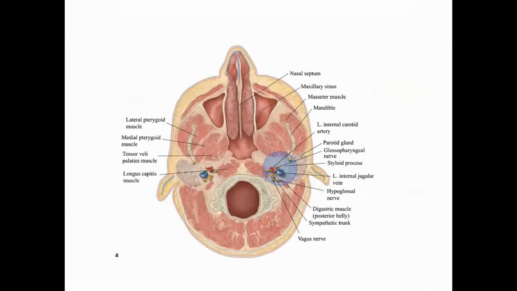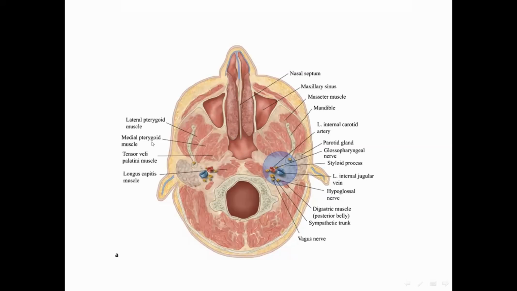It's very important actually when we operate in the nasopharynx. When we do the operation in this space, we have to consider the position of the internal carotid artery, which is just lateral and posterior to the torus tubarius.